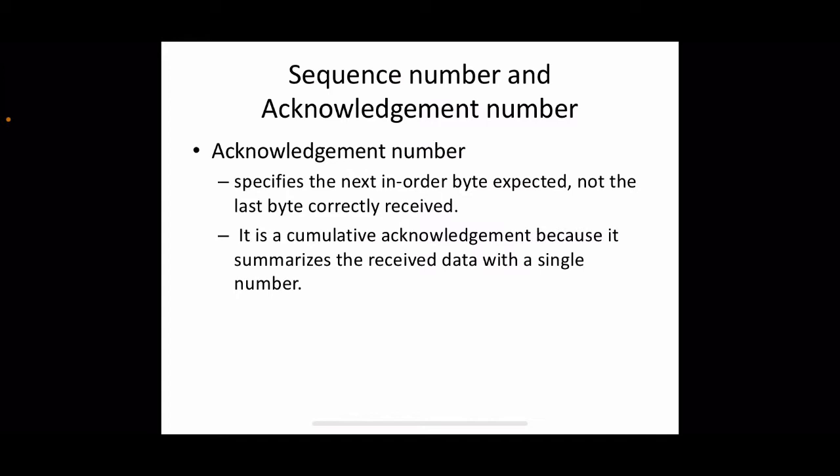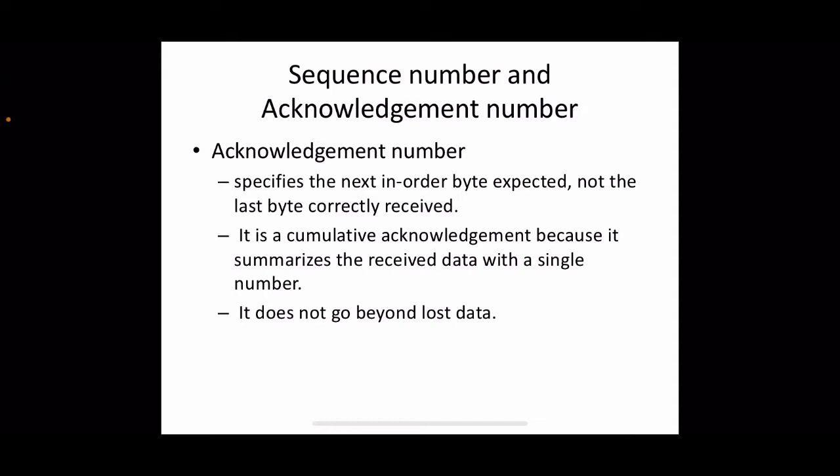So it's a cumulative acknowledgement. It does not go beyond lost data. If data is lost, any data received after the lost data won't be acknowledged. For example, suppose all the bytes up to X are received correctly, and X plus 1 is lost.